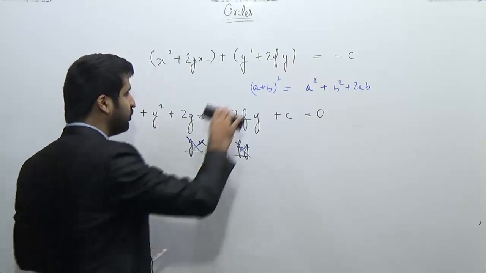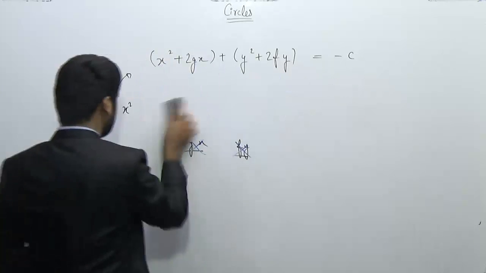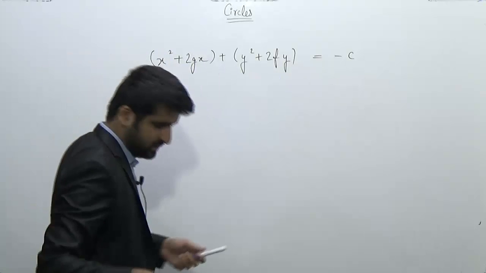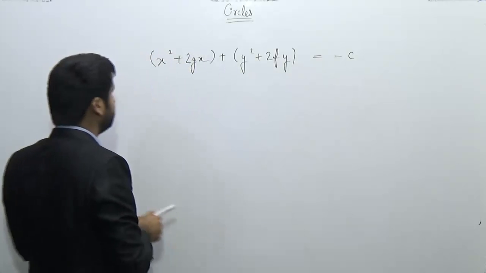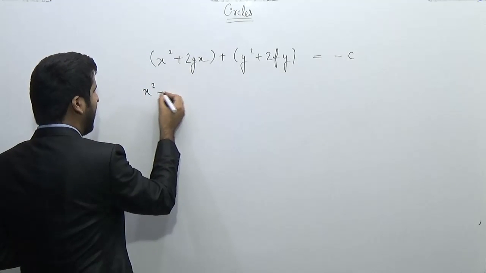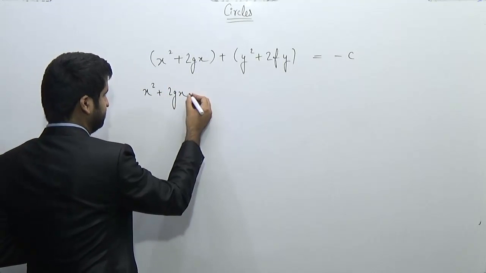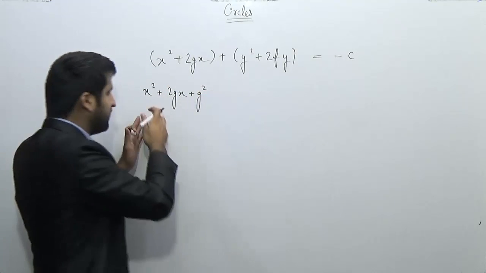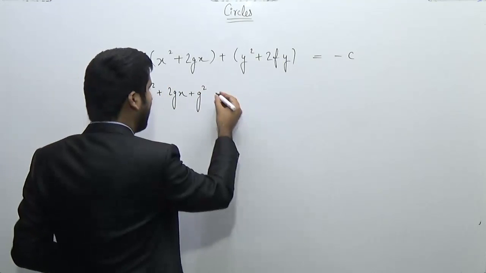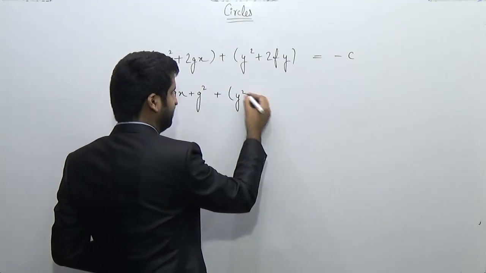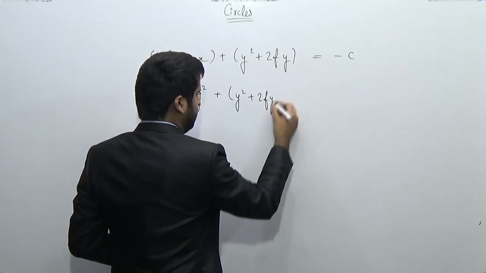Okay. Now if we try to complete the whole square over here, this equation will become something like this. Now I have to add g square over here. If I add g square, this will become x plus g whole square. And I have to add f square over here. Right?